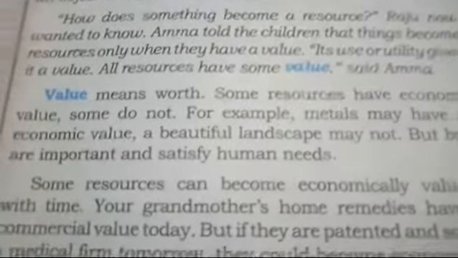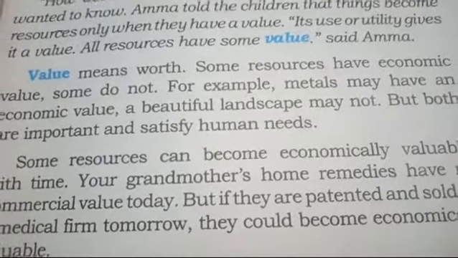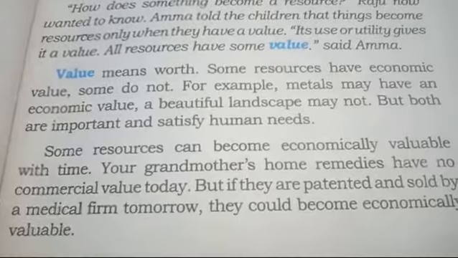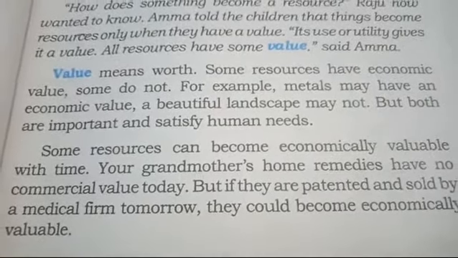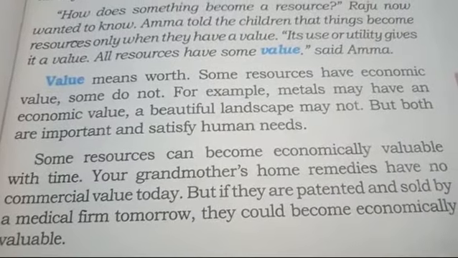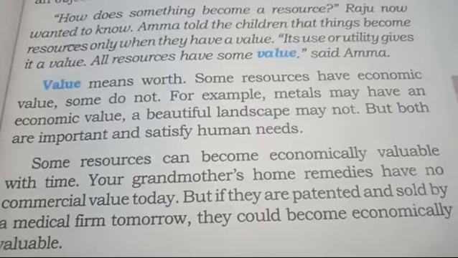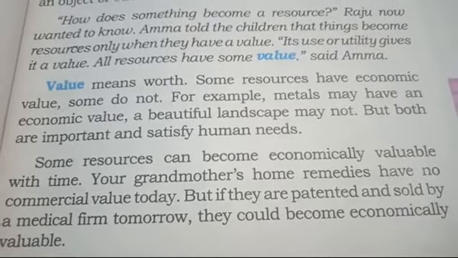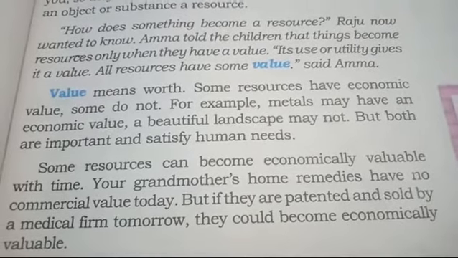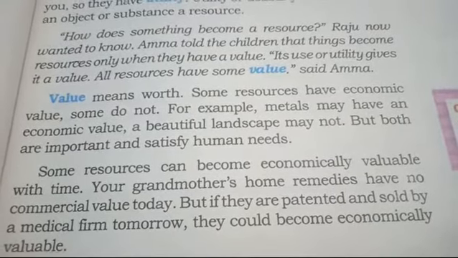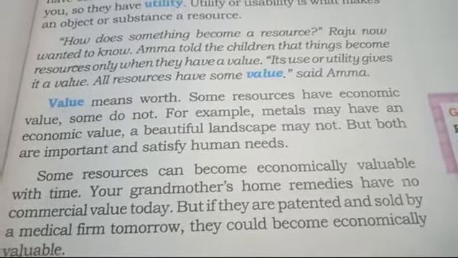Okay, so now all these are valuable things for us, and value means worth, कुछ काम के लायक. Okay, some resources, the meaning of worth is beta काम के लायक. Okay, that is worthy to use. Okay, some resources have economic value, some do not. For example, metals may have an economic value, a beautiful landscape may not, but both are important and satisfy human need.